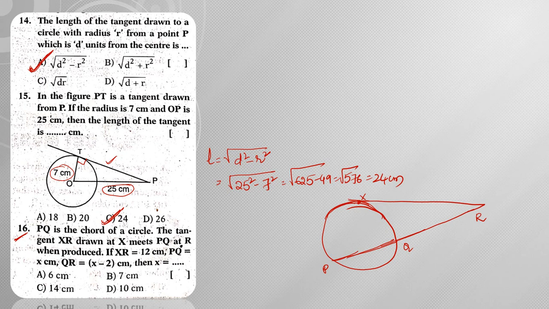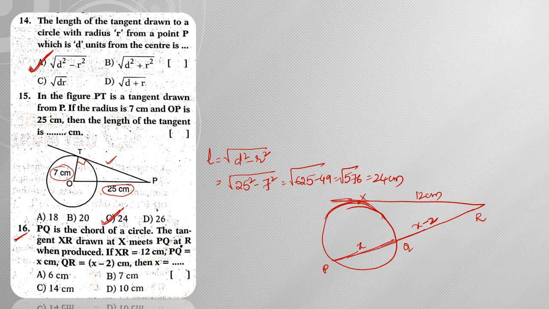Now what has he given? XR is given as 12 centimeters, PQ is given as X centimeters, and QR is given as X minus 2 centimeters. Now if you observe the figure, XR is a tangent and PR is a secant. So when you have a secant and a tangent, we can apply this formula.